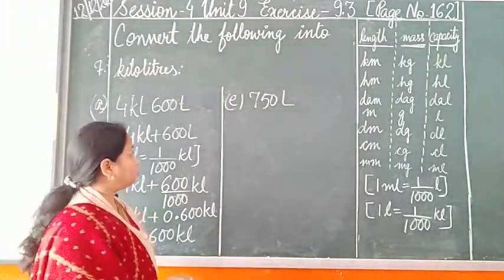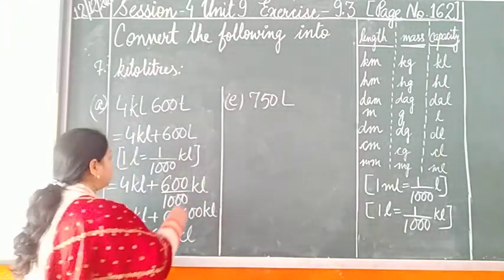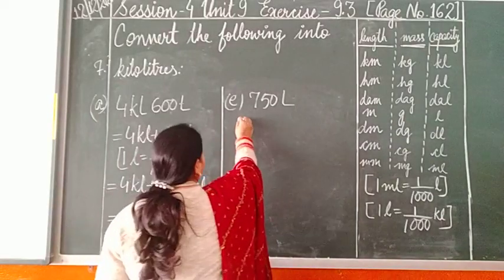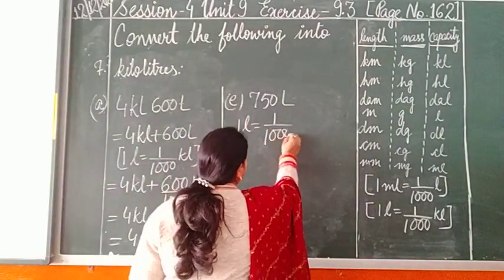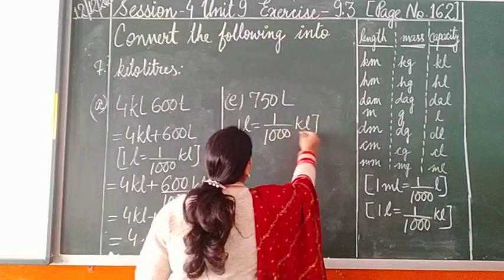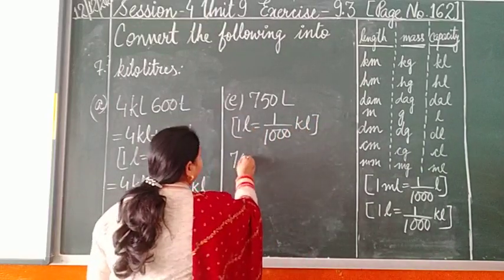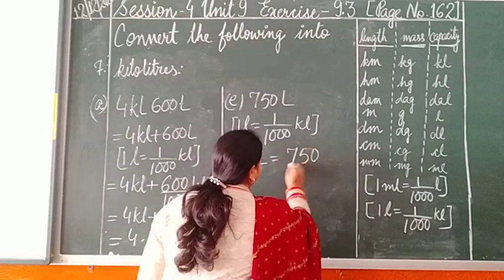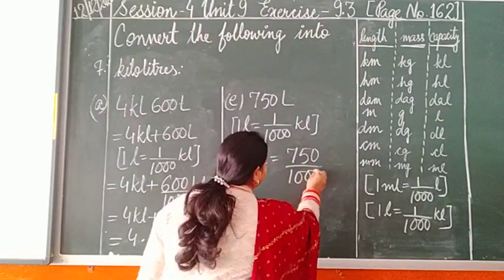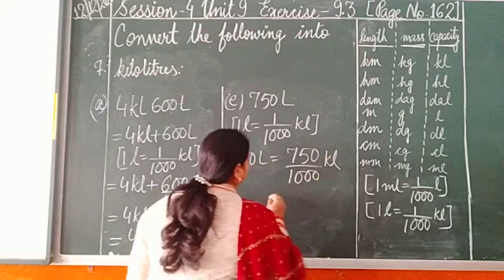Okay. So, next question is 750 liters. So, the conversion is 1 liter equal to 1 upon 1000 kiloliter, and 750 liter will be taken up as 750 by 1000 kiloliter.